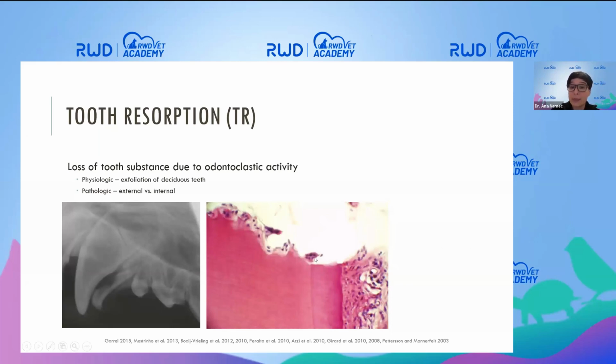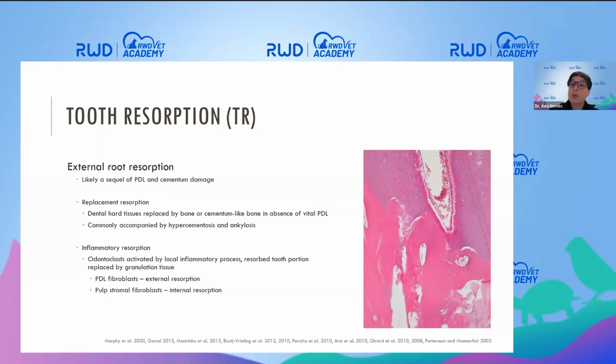And you can see here, on this histological image, these multinucleated clastic cells that are literally eating away hard dental tissue. So this is tooth resorption. Tooth resorption can be internal or external. Internal would mean that it is visible on the inside of the pulp chamber or root canal walls.